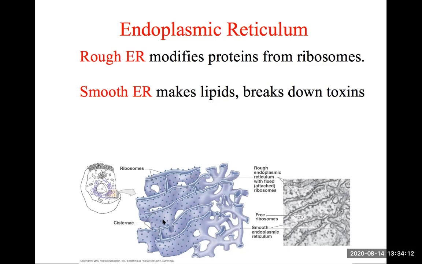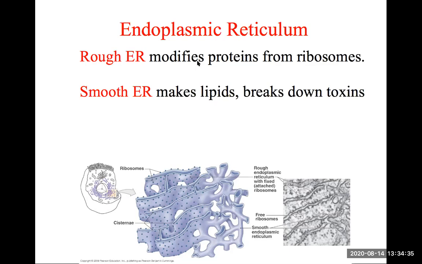But actually, when the proteins leave the ribosomes, the proteins are not in their correct shape. So the proteins that have been strung together will go inside this rough endoplasmic reticulum, and they'll be modified or changed so that they're in the right folding pattern.